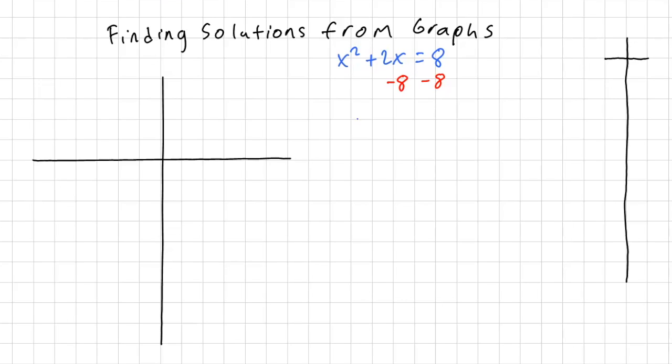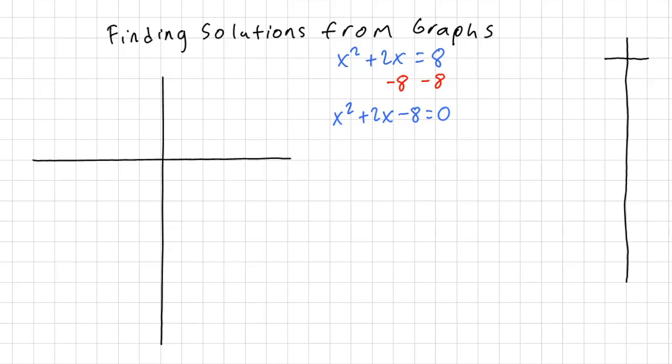And that will leave us with x squared, and a lot of people will try to combine these two, 2x minus 8. One's an x, one's a constant, a number by itself. You can't combine these two. So it's just going to be x squared plus 2x minus 8 equals 0. And remember, we do need the equals 0. Some people think the equal sign just disappears when the right side disappears. It becomes equals 0. So that's what we need.